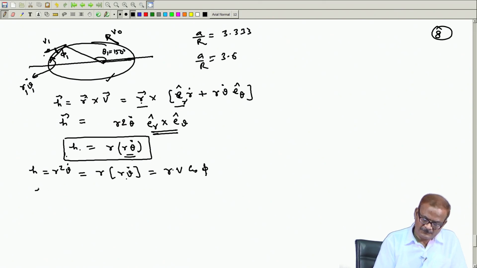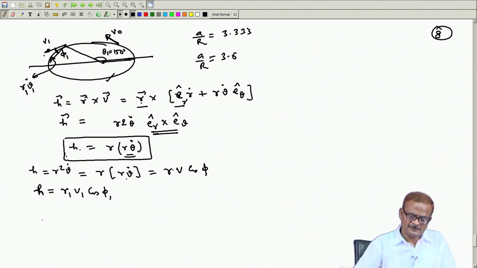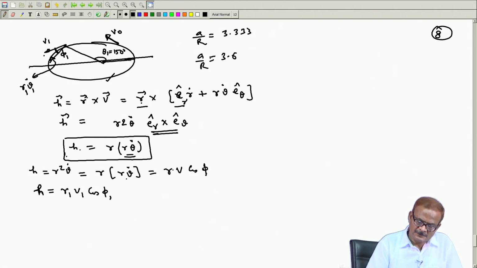Therefore, because h remains constant for the orbit, on the right hand side we will have r 1 v 1 cos phi 1. So, whatever the velocity is here, we have to take. So, this equation we can utilize for finding out the value of phi 1.